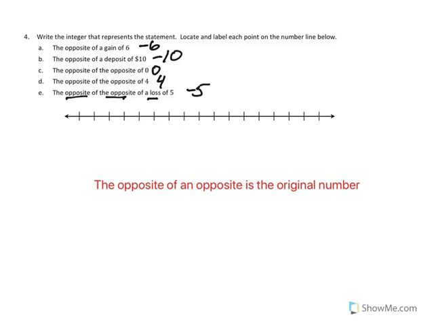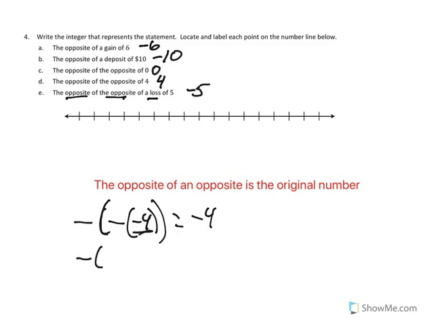Okay, so the opposite of an opposite is the original number, regardless of whether or not it's positive or negative. So let's try this again. The opposite of the opposite of negative 4. Let me write it the way I'm saying it. The opposite of the opposite of negative 4 is going to be the original number, negative 4.